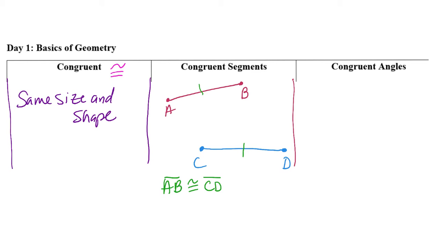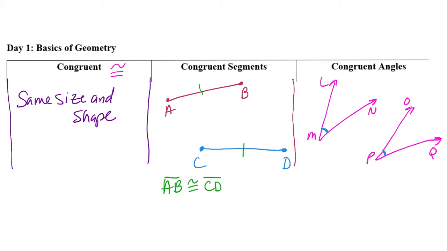All right, congruent angles, very similarly. So you're going to have two angles. You don't have to draw these very big. They would be marked equal with what we call swoop marks or angle markings.